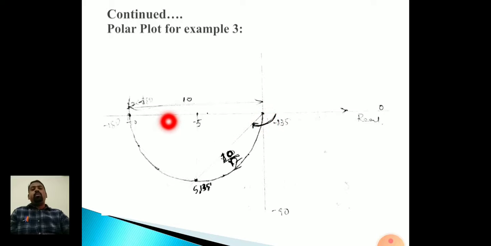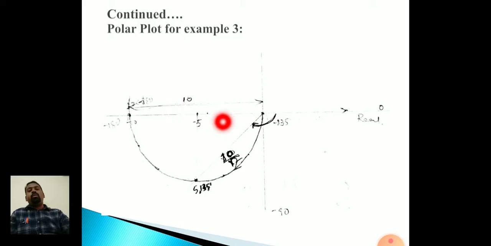As omega tends to infinity, M omega is 0, this point, and what about phi omega? That is minus 90. So between minus 90 to minus 180.